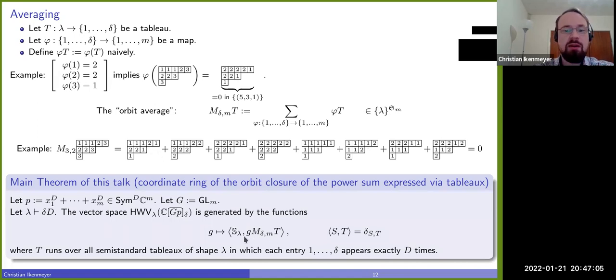And now you also apply this element G, right? So it's a function on the group. It's not actually a function on the orbit closure. It's a function on the group. I'll tell you in a second why that's all right. So this is a function that if you're given a group element, you get a complex number here, right? So this inner product, I just define it.